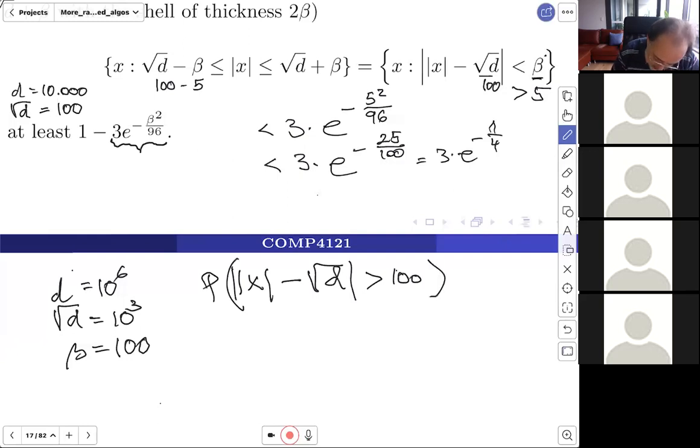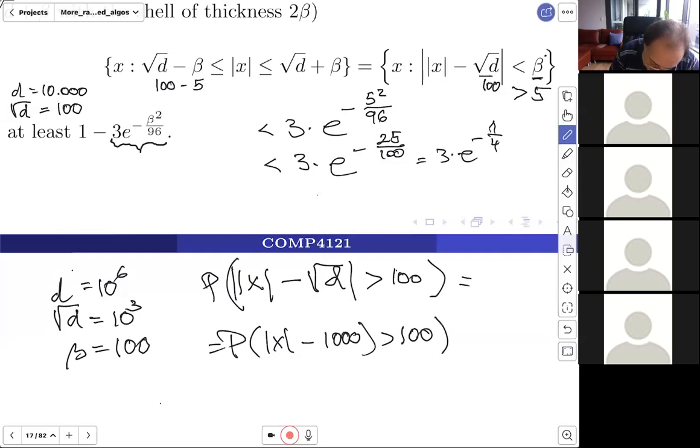So what is this? This is the probability that the length of x minus 1000 is bigger than 100. So you deviate by more than 10% of the square root of d, right?